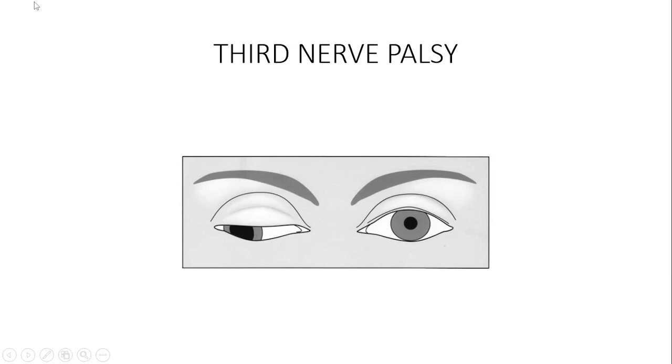So that's number one. Number two, why is the eyeball drifted outward laterally? Okay, it is simple. Remember that the medial rectus muscle is served by the third cranial nerve and there's a palsy. The antagonist of the medial rectus is what? The lateral rectus muscle.